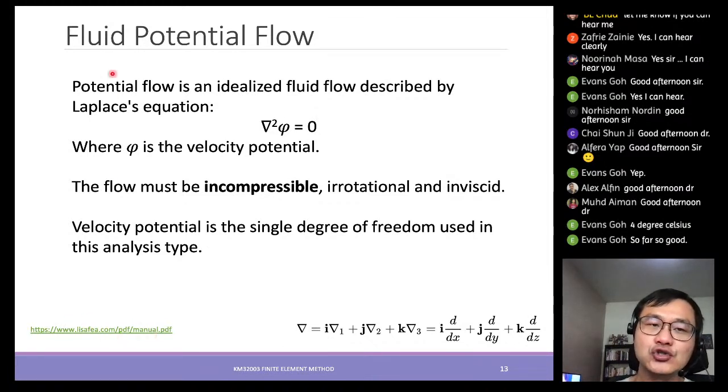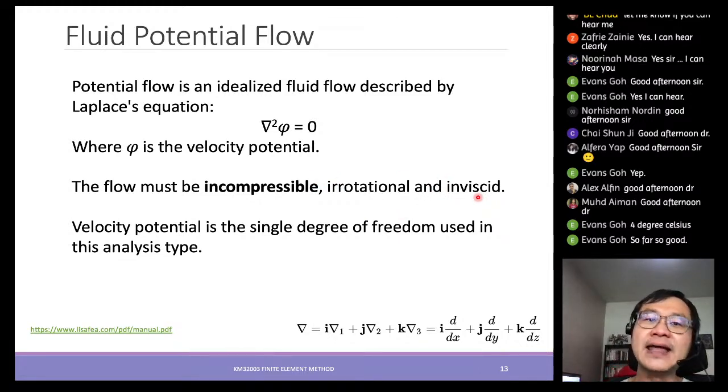It can be used to simulate the flow by using the fluid potential, meaning you may set a certain pressure at one end and another pressure at the other end, and so on. You can see that the assumptions for this are only for incompressible, irrotational, and inviscid flow, right?